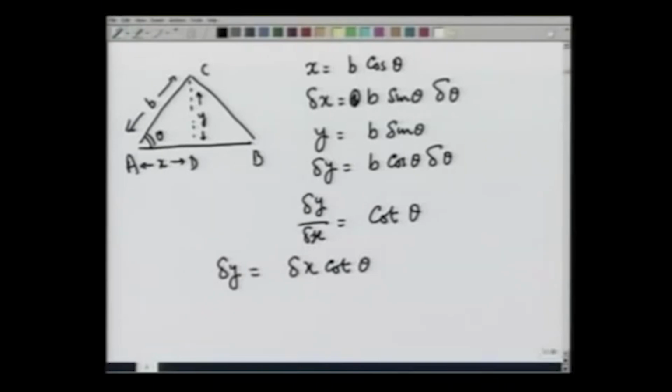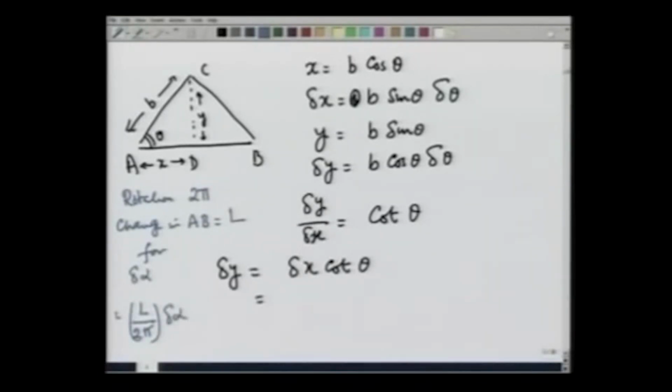How much is delta x? That is equal to nothing but the change in the length AB for rotation. Let me just write on the side, rotation 2 pi, change in AB is equal to L. So for delta alpha it is going to be L over 2 pi times delta alpha.